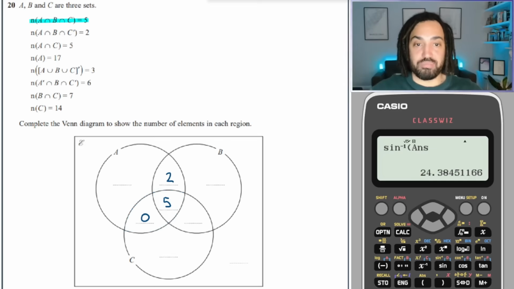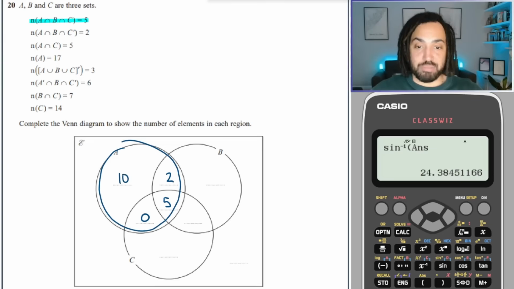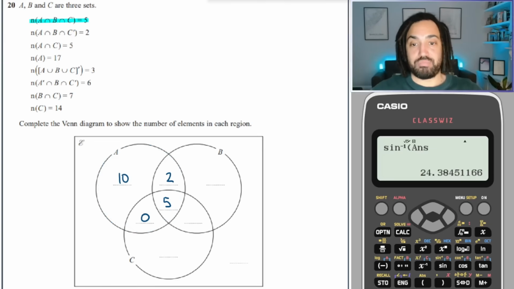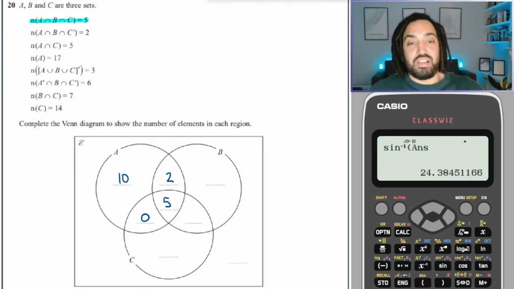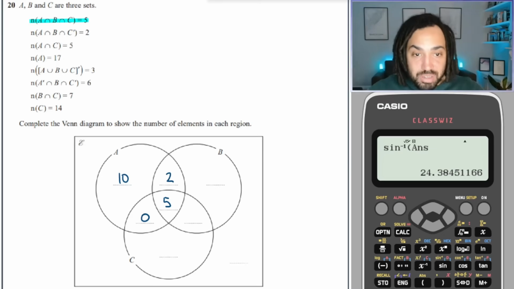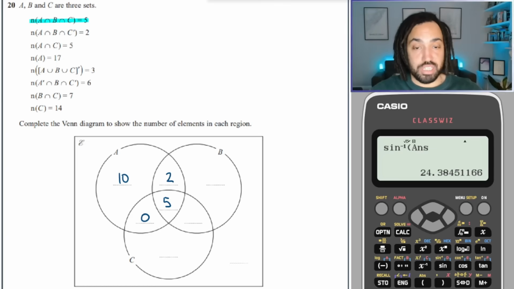Very cheeky. The number of elements in A is 17. So that means inside this circle needs to add to 17, which means that must be 10. The number of elements in A union B, union C, not is 3.